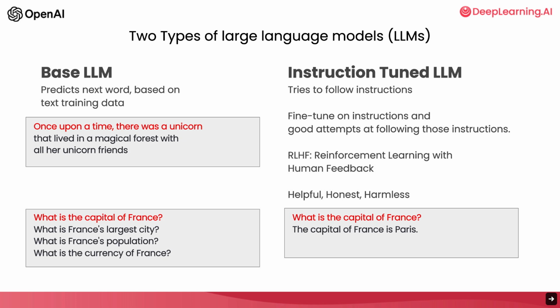Some of the best practices you find on the internet may be more suited for a base LLM, but for most practical applications today, we would recommend most people instead focus on instruction-tuned LLMs, which are easier to use, and also because of the work of OpenAI and other LLM companies becoming safer and more aligned. So this course will focus on best practices for instruction-tuned LLMs, which is what we recommend you use for most of your applications.